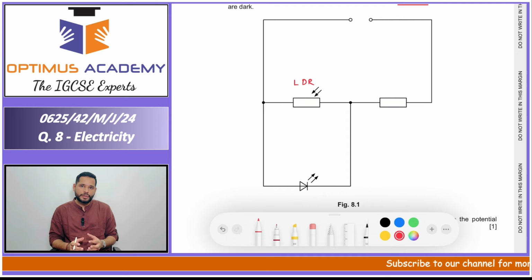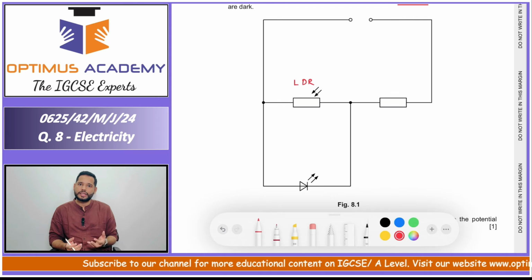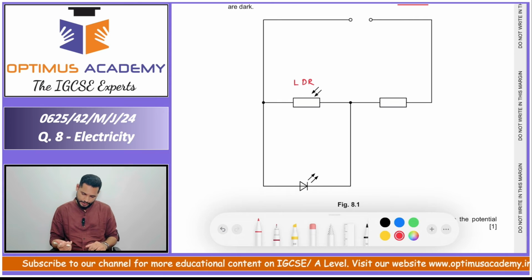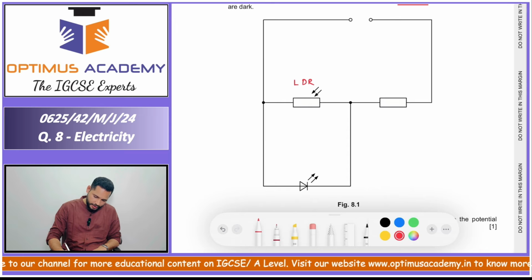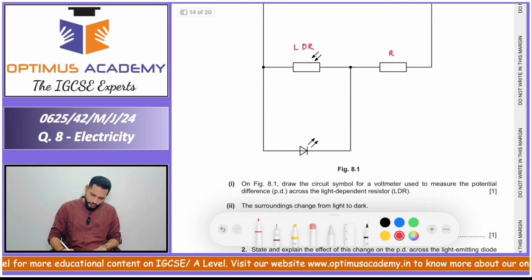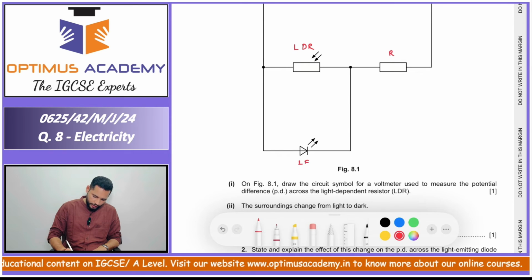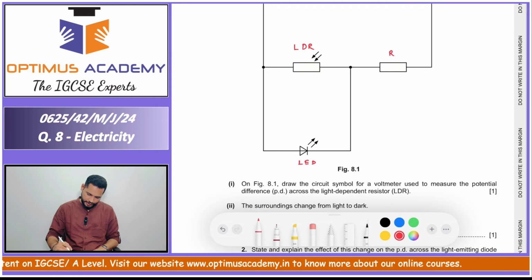Whenever there is a high intensity of light falling on LDR, its resistance decreases. But if there is dark surrounding, then the resistance of LDR increases. Then we have one resistor over here, and parallel to LDR, we have one component, that is LED, connected.